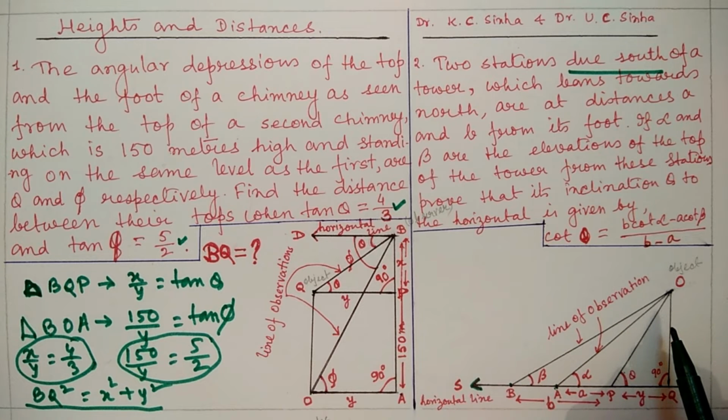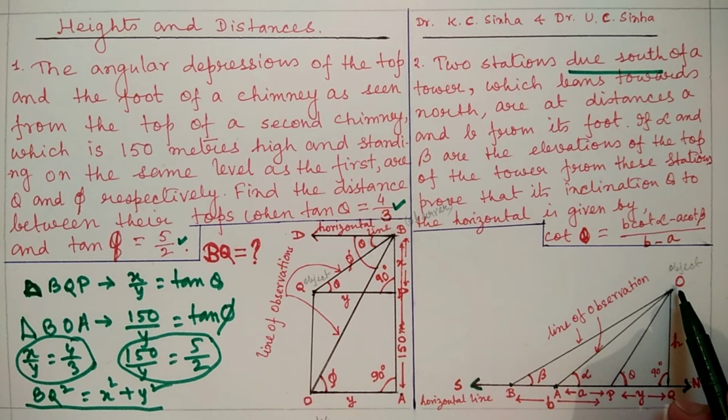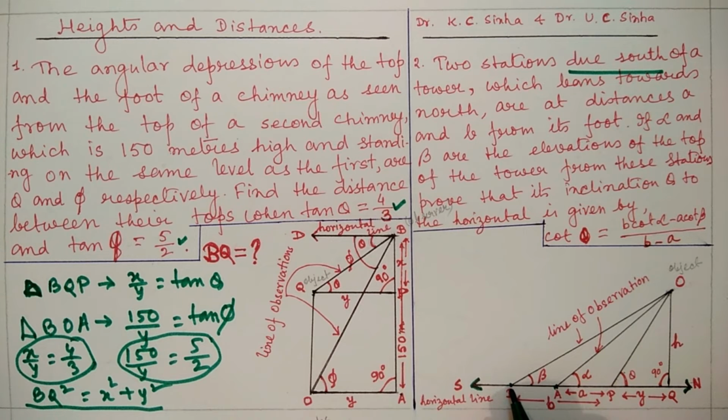Here, observers are 2 and object is 1. So this is the object, and from point A and point B the object is observed. According to the question, the distance of the first station from the foot of the tower is A and the distance of the second station from the foot of the tower is B.